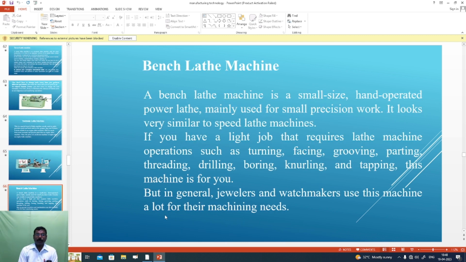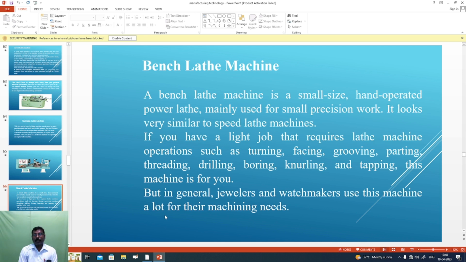Bench lathe machine. A bench lathe machine is a small size hand operated power lathe mainly used for small precision work. It looks very similar to speed lathe machines.